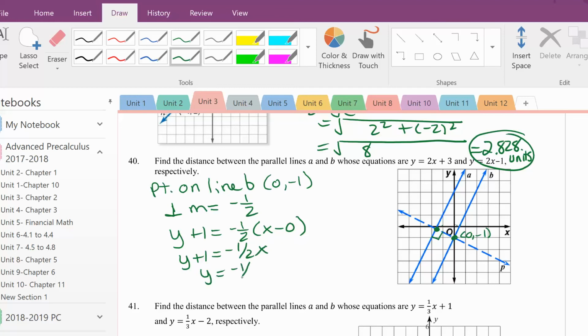Y equals negative 1/2 x minus 1. So that's the equation of line P.